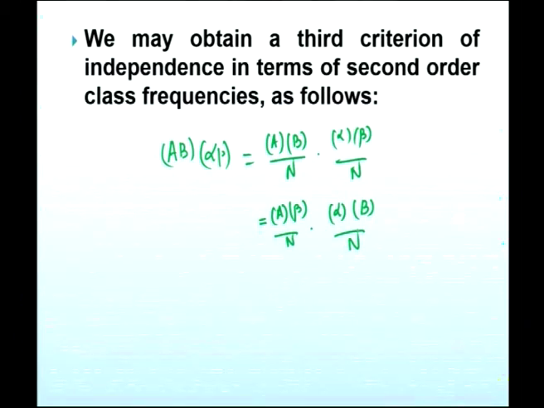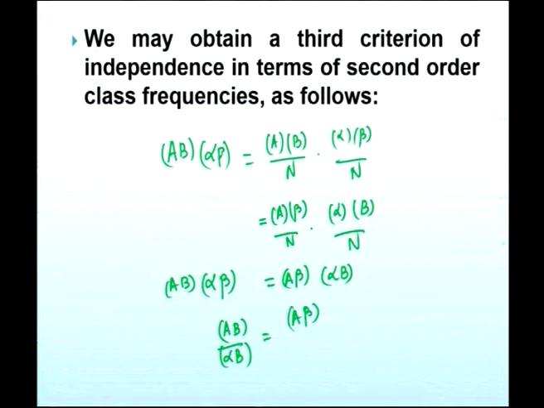Now using AB by N as A by N into B by N, and AB into alpha beta can be written as A beta, and then using the same condition, this is alpha B. Okay, so we have got AB into alpha beta is equal to A beta into alpha B. Okay, taking the proportion AB by alpha B is equal to A beta by alpha beta.